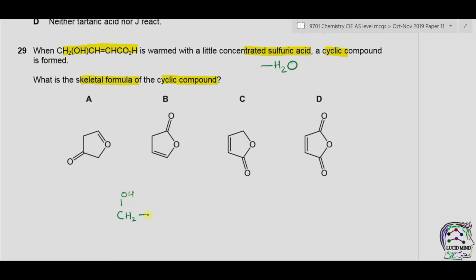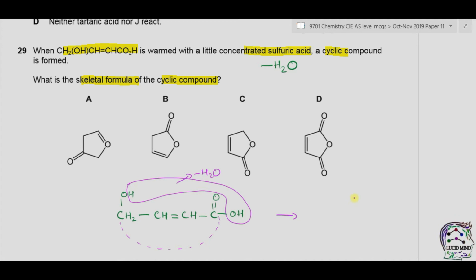On the first carbon atom we have an OH functional group. Between the second and third we have an alkene. And on the last we have a functional group present. Now what can happen is that this OH and this hydrogen can be removed in the form of water, and this carbon attaches itself to this carbon atom to form a cyclic compound.